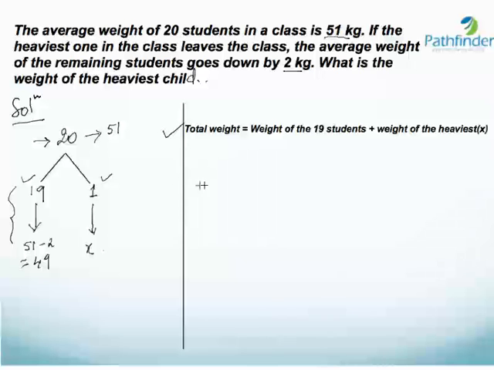What is the total weight of all 20 people? We can jot that down as 20 into 51, and this should be equal to the weight of 19 students, that is the number multiplied by average, that is 49, plus the weight of the heaviest child. And if we solve for x, we will get our answer as x is equal to 89 kg.